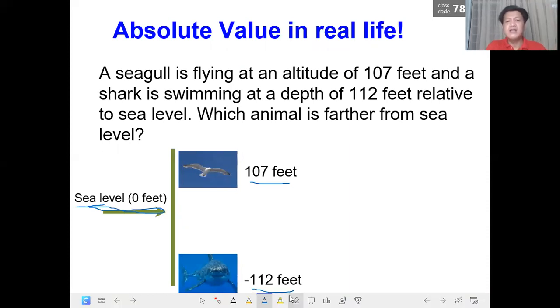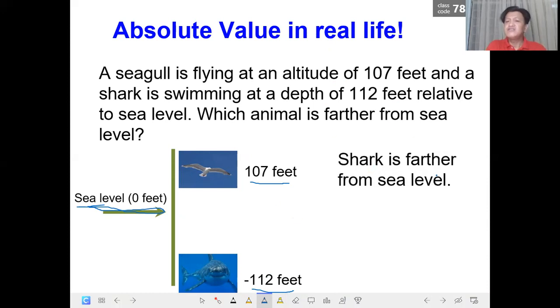Okay, so kukunin natin, paano natin malalaman ang sagot kung sino yung mas malayo sa kanila. First, we are going to answer, shark is farther from sea level. Bakit kaya mas malayo yung shark? Because if we're going to get the absolute value of the shark, that is negative 112, kapag kinuha natin yung absolute value niya is 112. Always remember, that is positive. And what is the absolute value of 107?